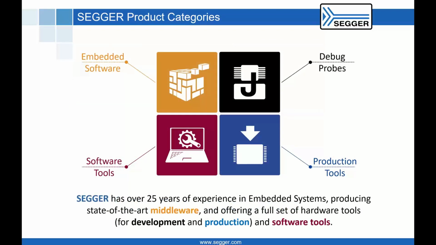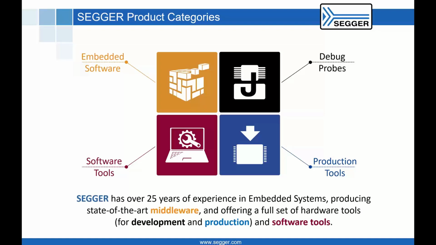And these are the four pillars of all that SEGGER does. So we do embedded software. That is all the software that runs on the microcontroller. And I'll give you some examples in the next slide. We do debug probes. We're very well known for our J-Link debug probe, which is the de facto standard in the embedded world for debugging.